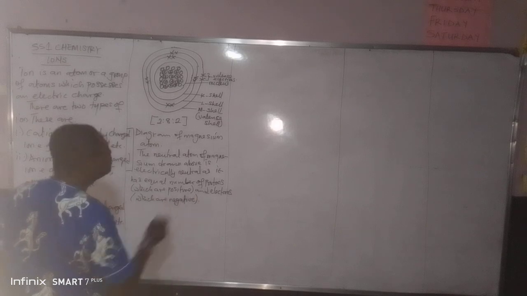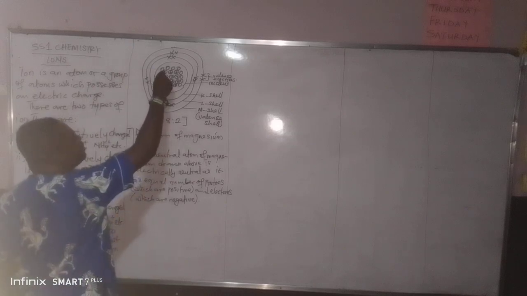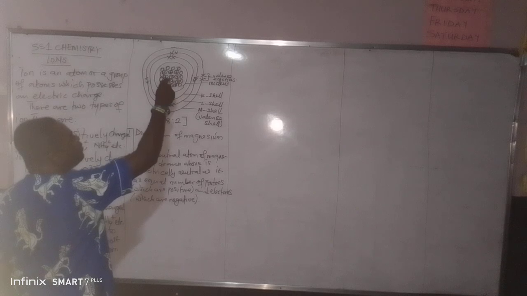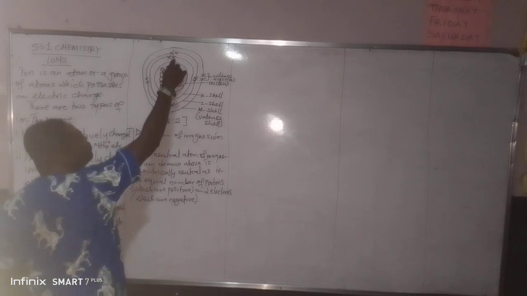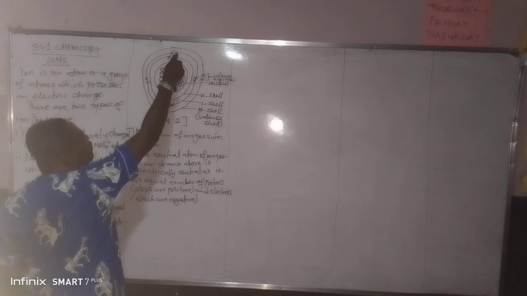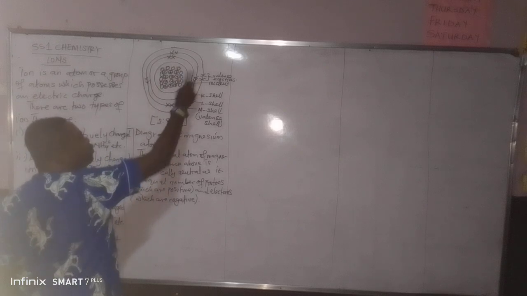What do I mean by that? Equal number of protons: count the positive particles here, you have 1, 2, 3, up to 12. Then count the electrons, you have 1, 2, 3, up to 12. So equal number of positive and negative.